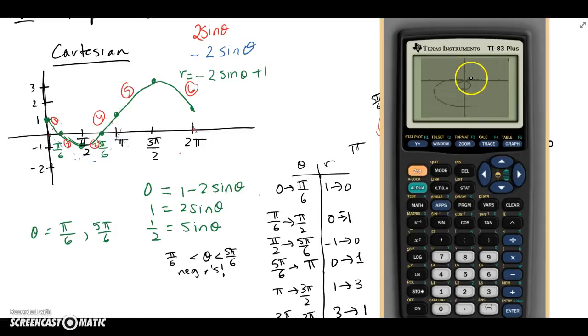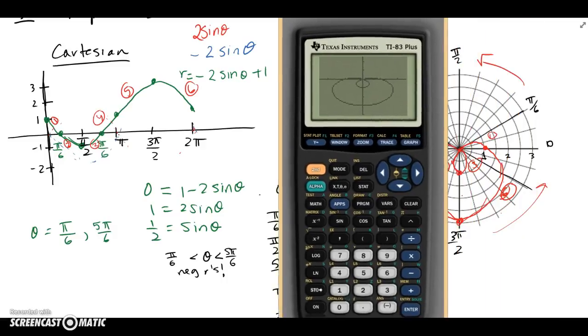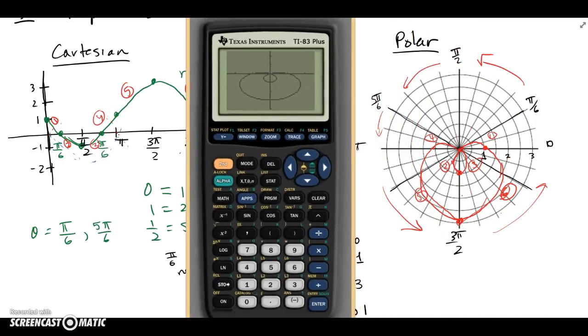And it's kind of difficult to tell what really happens there unless I really zoom in. And my window, of course, is between 0 and 2 pi, and it gave the whole shape and how it was traversed as the theta went from 0 to 2 pi, which is very similar to what we got here by hand.